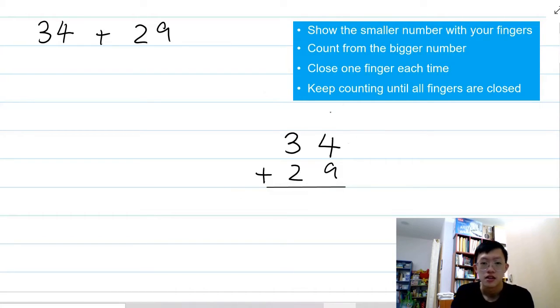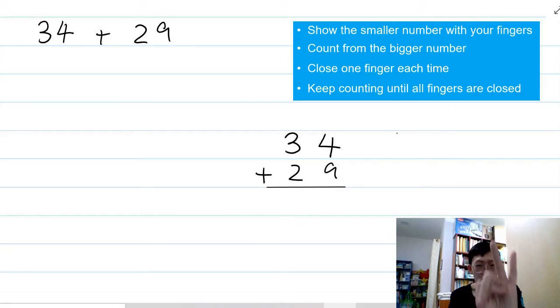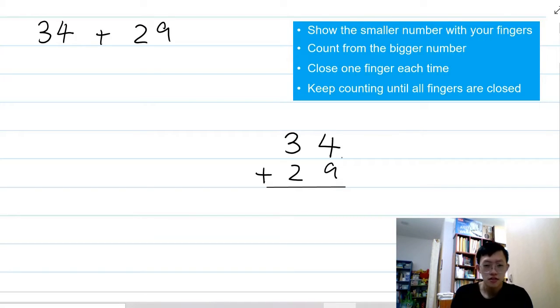Okay, so first, let's look at this column. 4 plus 9. Again, we just take 4 because 4 is smaller. So show 4, then count from 9. 9, 10, 11, 12, 13. So the answer here is 13.